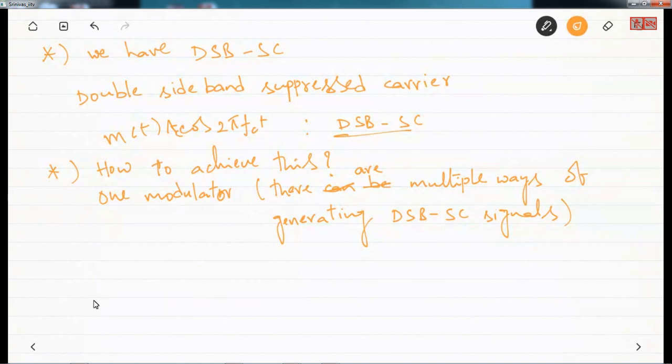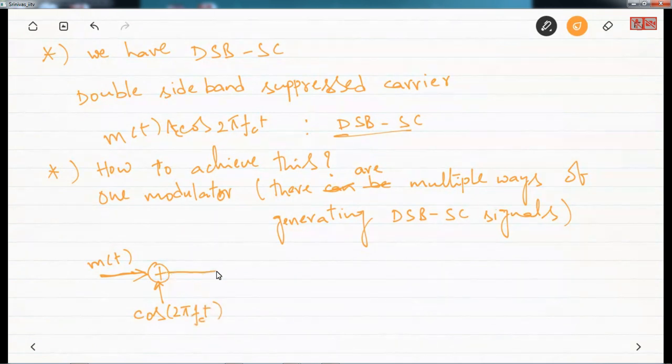So let's consider this particular modulator. Say we have m of t, and we have an adder here, and to that we are supplying cos 2 pi f ct, right?